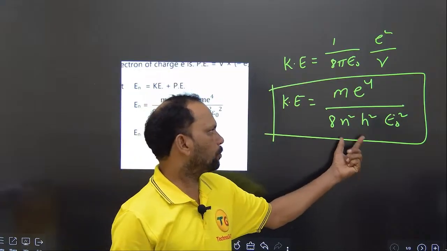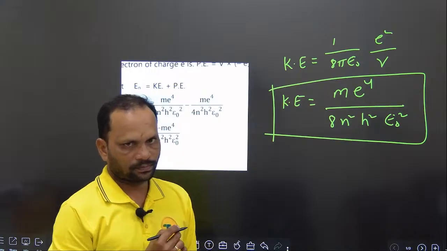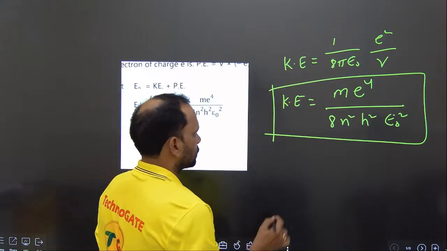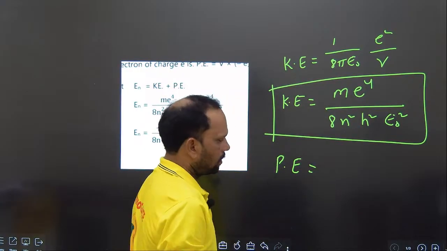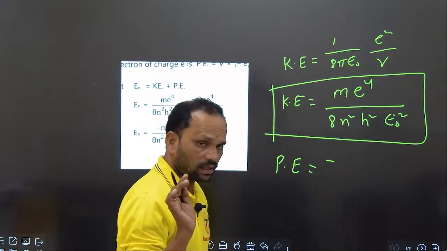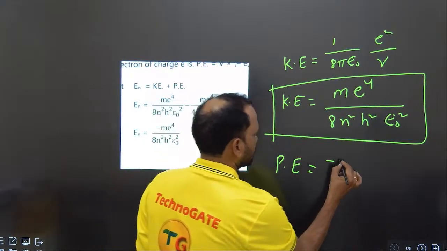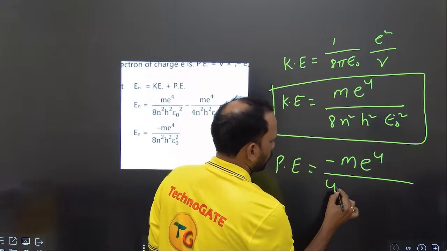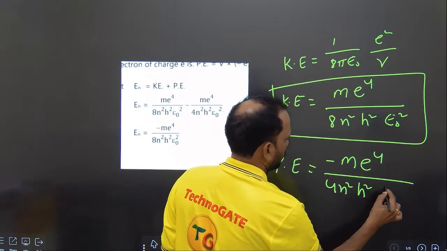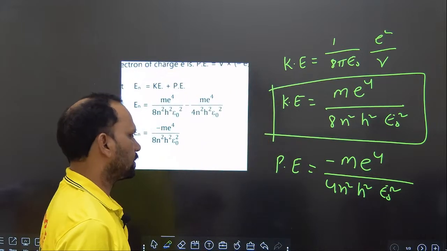At the same time, potential energy is also minus. Potential energy is always negative because of its attractive nature. Minus m e power 4 by 4 n square h square epsilon naught square.